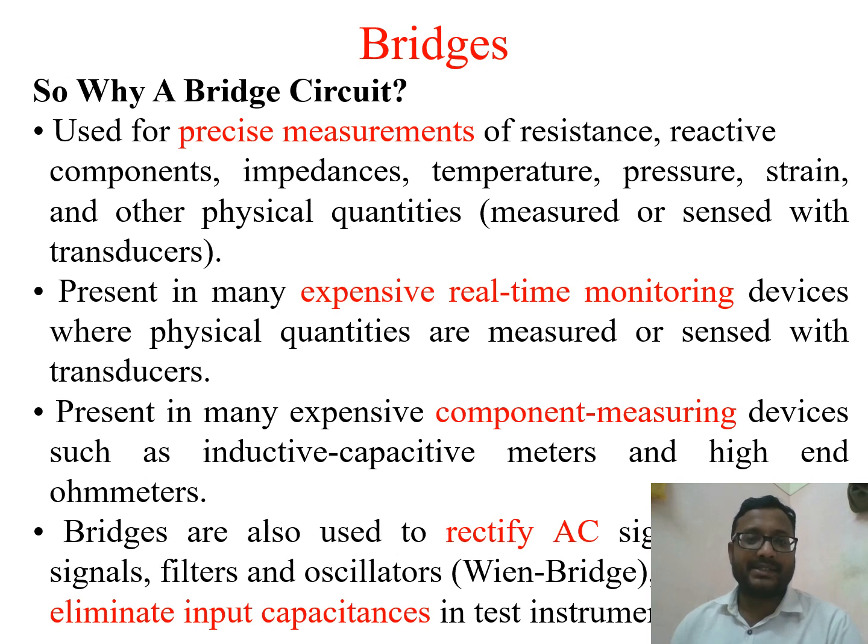It is present in many expensive real-time monitoring devices where physical quantities are measured. Bridges are also used to rectify AC signals, and in filters and oscillators. These are the main purposes of the bridge circuit.